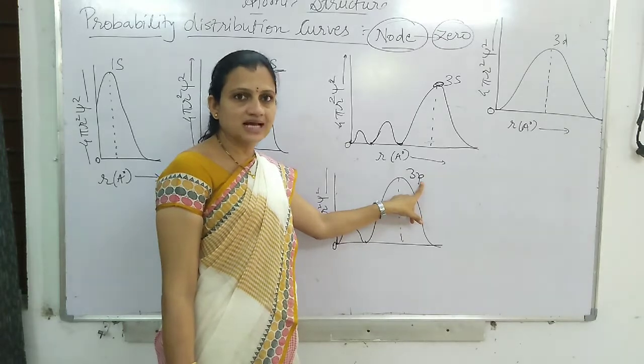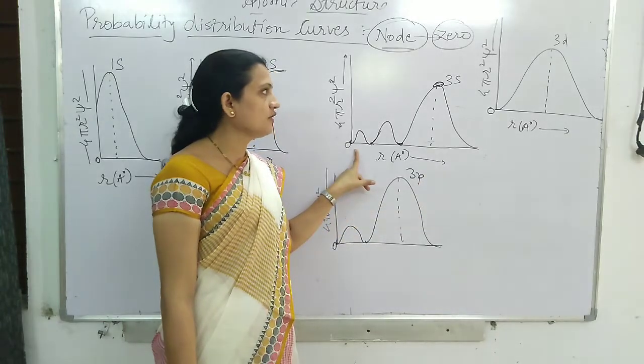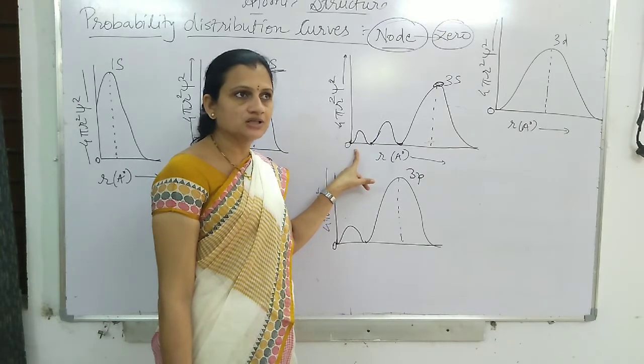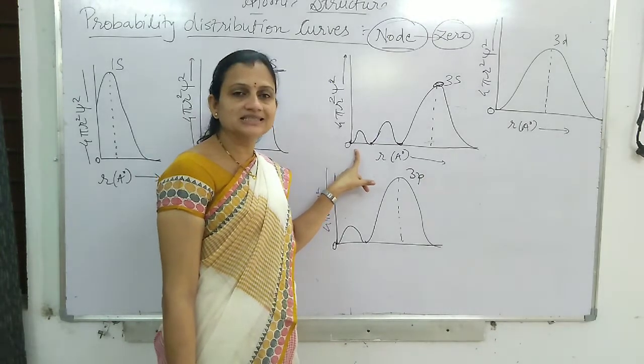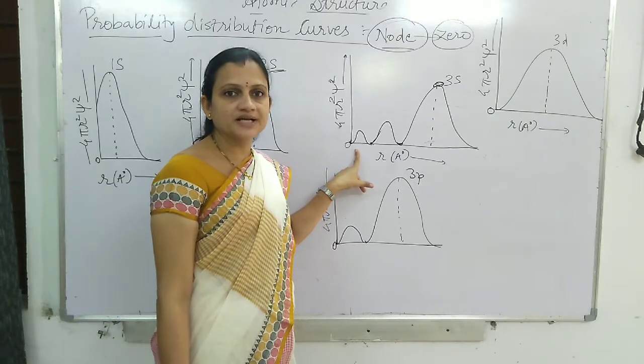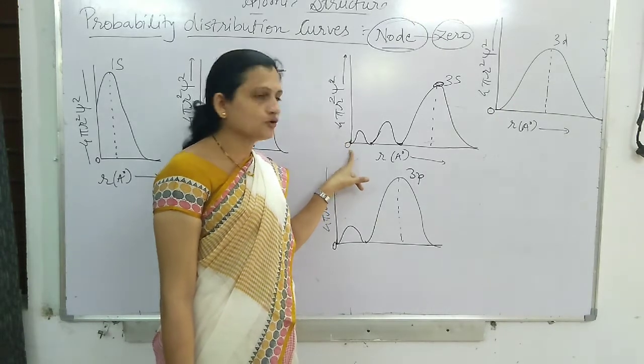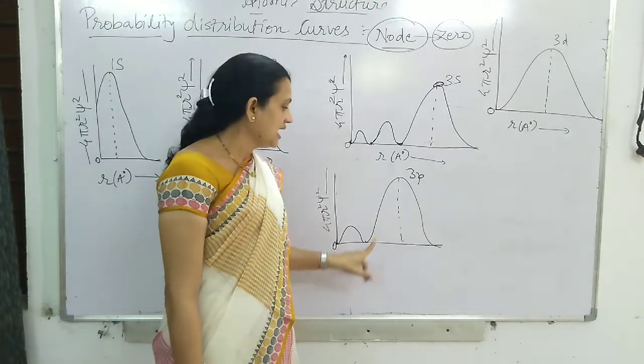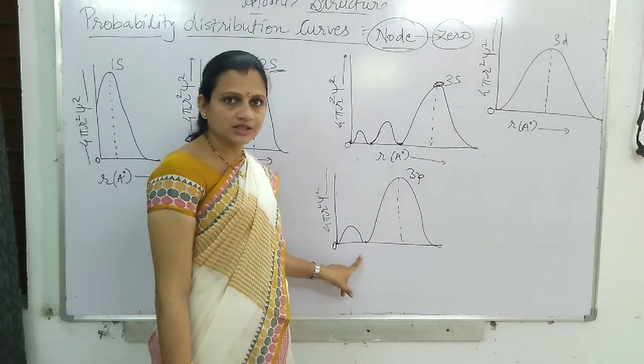The answer is that the 3s orbital has greater penetrating power to move towards, or be attracted to, the nucleus as compared to the 3p orbital.